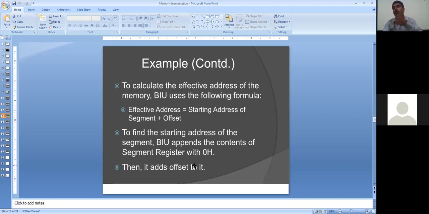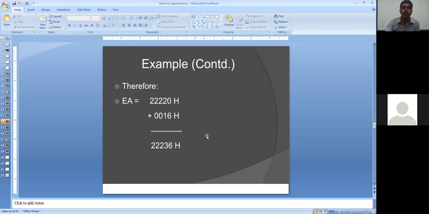Then we get the overall 20-bit address, that is the physical address or the effective address.